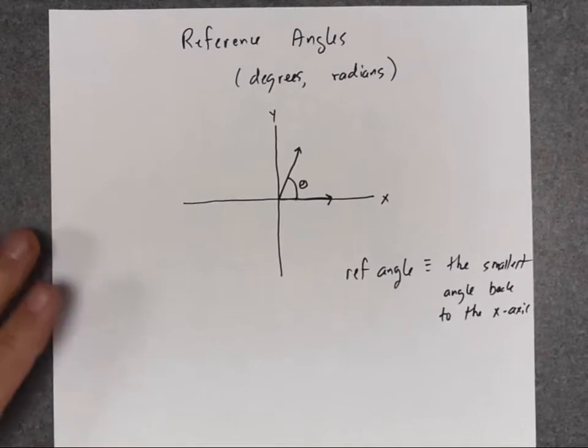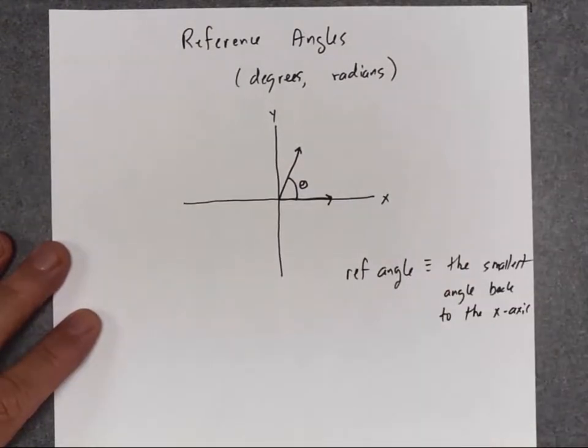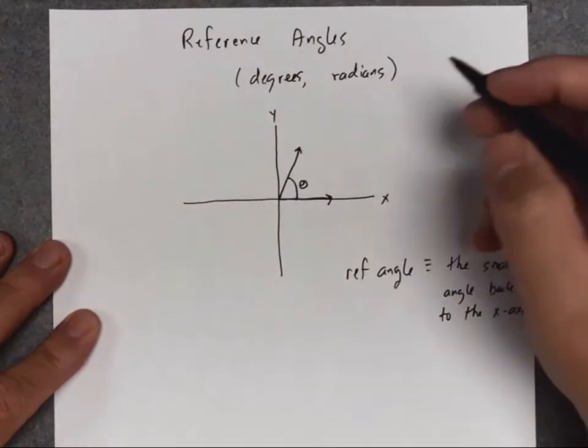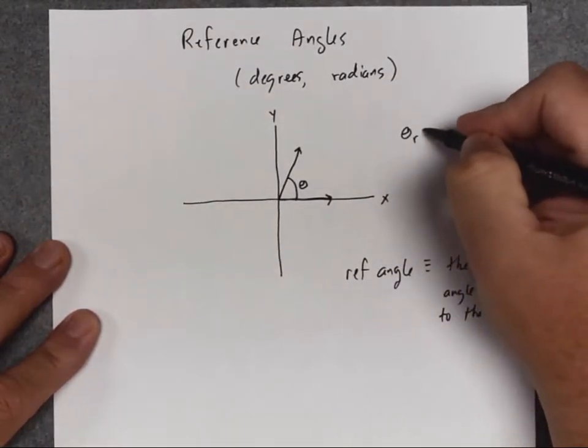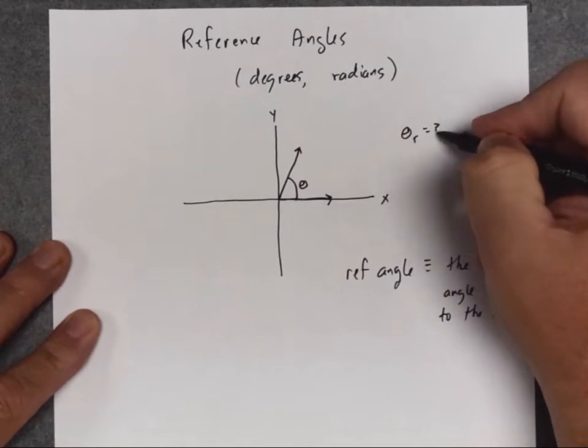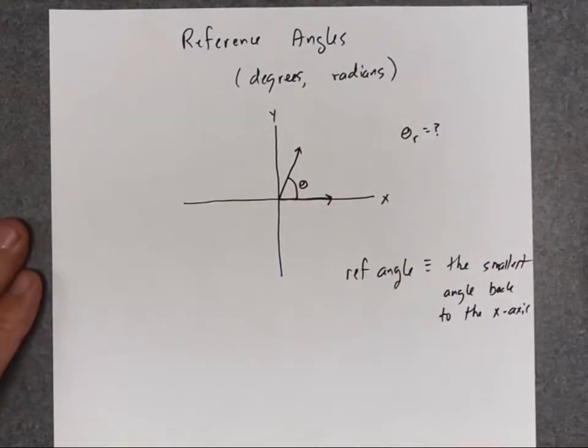What in the world does that mean? Let's do some examples up here just by looking at the picture. If that's my angle, and I'm asking for the reference angle, that little r stands for reference angle. I take my angle and I say, what's the shortest distance, what's the smallest angle to get to the x-axis?